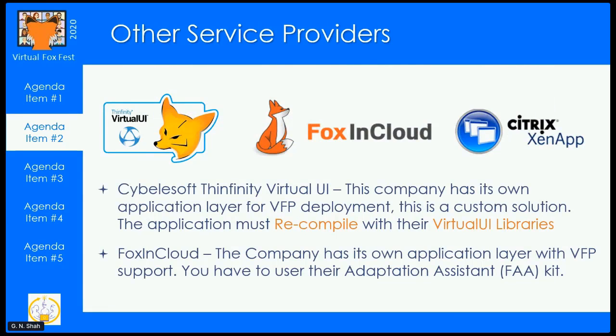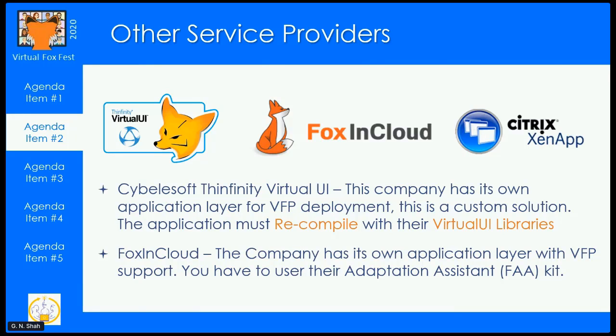All right, so besides the Microsoft and Amazon services, we talk about three more services: Citrix, Ericom, and Virtual UI. This company has come up with their own UI layer. You have to recompile your code with their Virtual UI libraries to make it compatible with their server deployment.